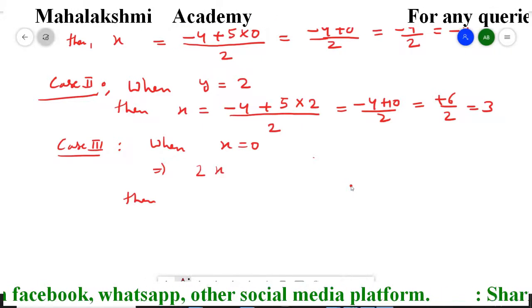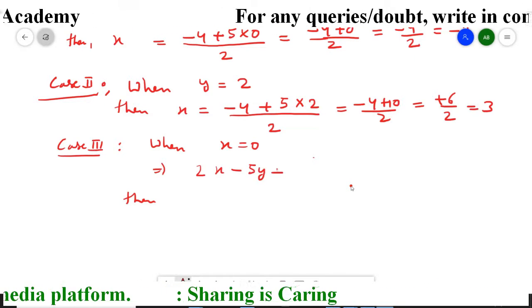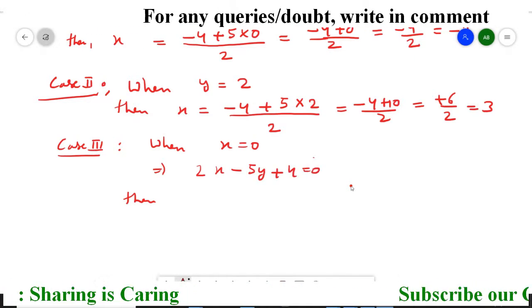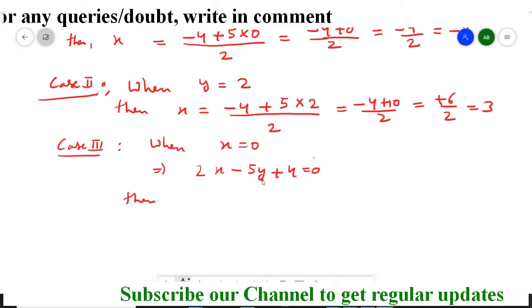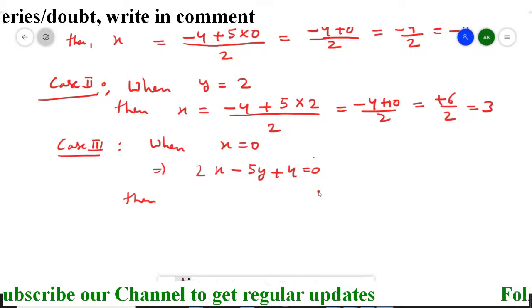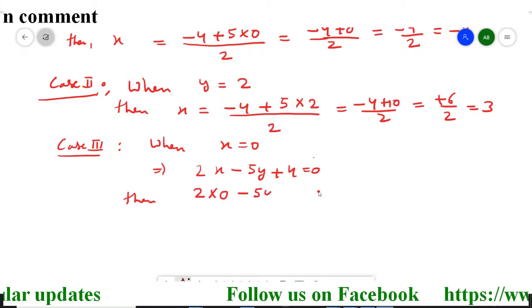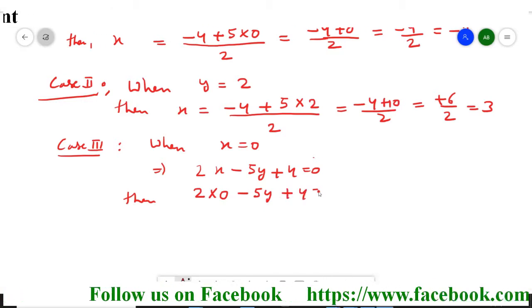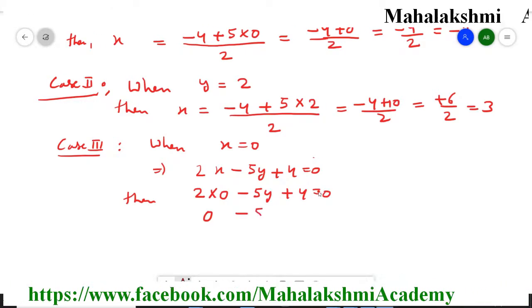So the given equation is 2x minus 5y plus 4 equal to 0. Here instead of x, I put 0, and we get y's value. So 2 multiplied by 0 minus 5y plus 4 equal to 0. It is going to be 0, then minus 5y.